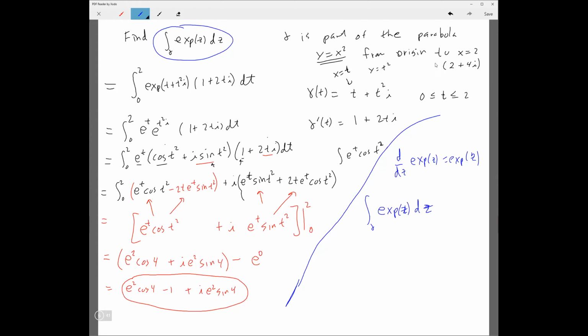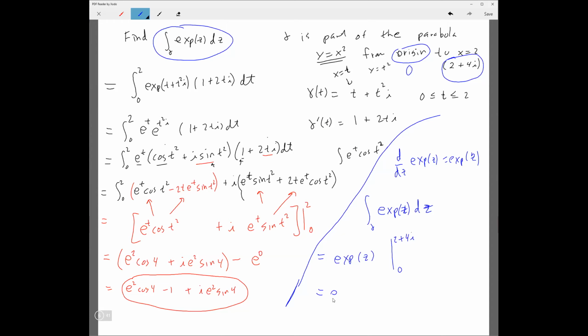And we know that the beginning point is the origin, that's 0. And we know the ending point is 2 plus 4i, right? So that means that this integral is going to be, the antiderivative is also exp of z from 0 to 2 plus 4i.